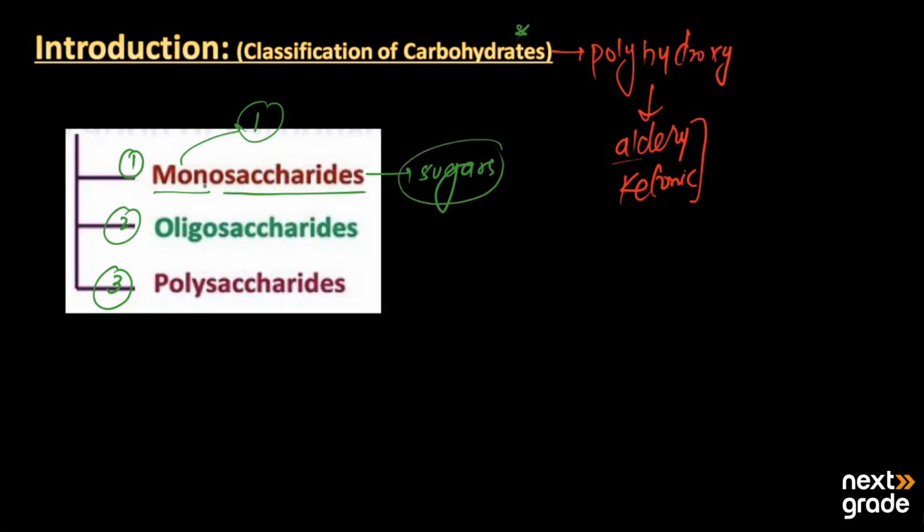So mono means one. When the sugar molecules are simple and cannot be hydrolyzed, they are known as monosaccharides. And oligosaccharides contain the disaccharides or different products like tri and so on. And poly means many sugar molecules combine and form long chains. They are known as the polysaccharides.